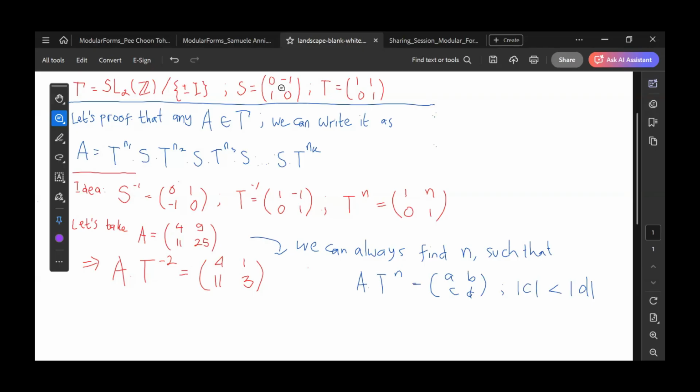So the idea is this. Wait, this is because, as you can see, we can find an n such that c becomes larger than d.